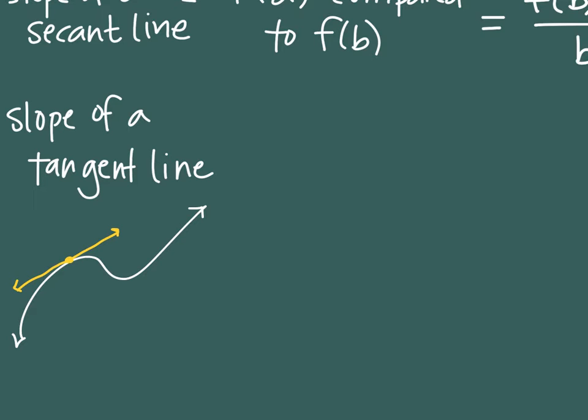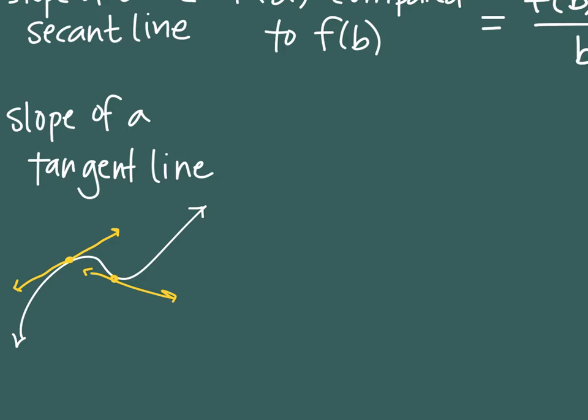Or if you found the tangent somewhere else, maybe your tangent was right here, and now the slope is different, and so it's going to look like that. So depending on where you are, the tangent line is going to skim off in a different direction. Those are all tangent lines. They only intersect one time.